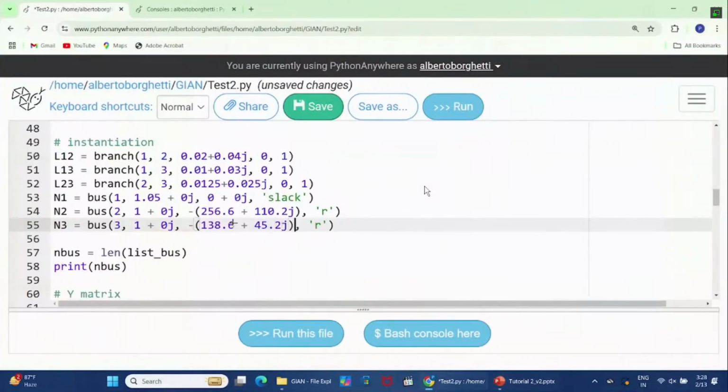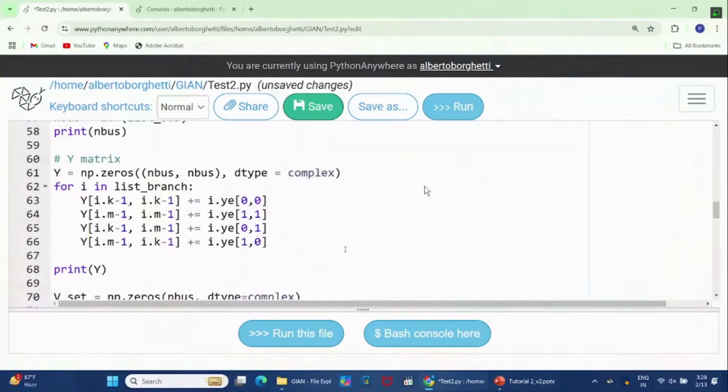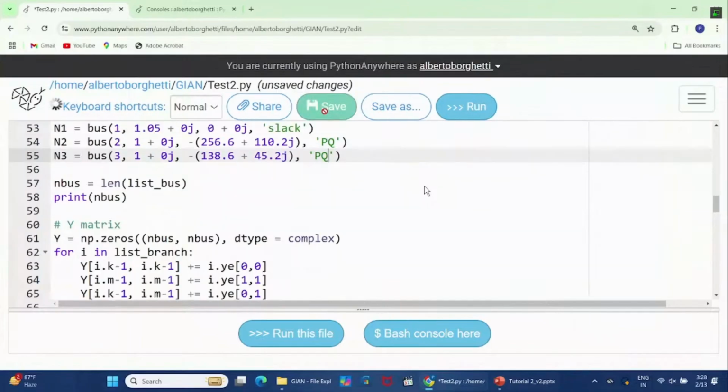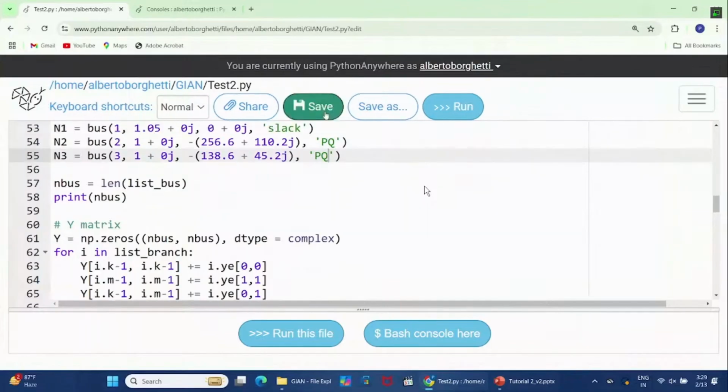So these two buses are not receiving, it does not have any meaning here, they are PQ. And then, well, I don't need to change anything. I mean, the thing is, I don't know, probably we need to check. Probably we need to do something.